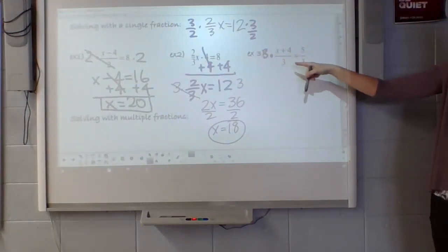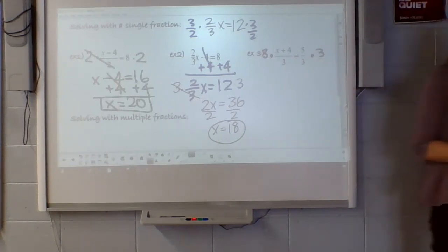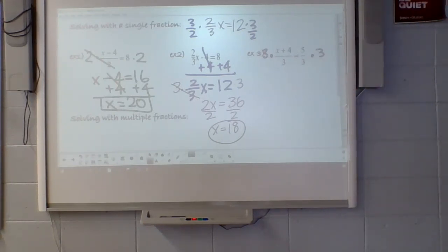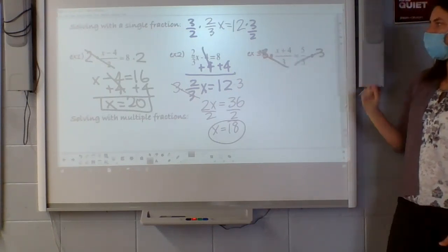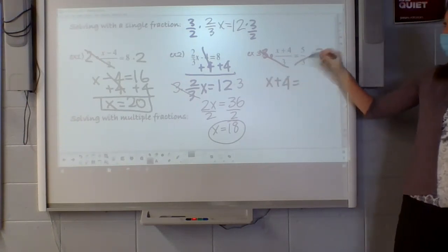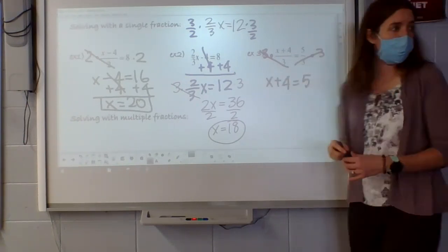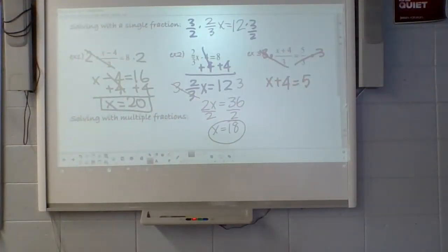This looks like it's all being divided by 3. If I do that to this side, I have to do it over here. Why is that so nice on this one? Yeah, they get to cancel on both sides. So I'm just left with x plus 4 equals, they cancel on both sides, equals 5. So it gets a lot nicer there and kind of squared away a little bit easier.